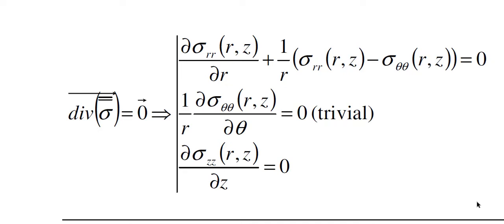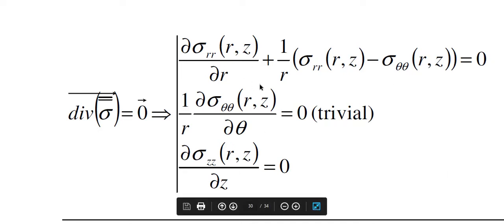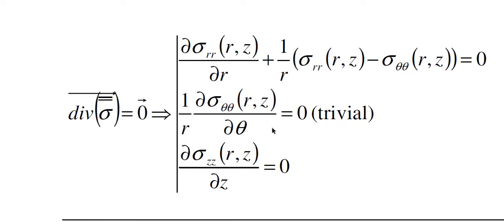So the vector being equal to 0 means that all the components of the vector are equal to 0. And you can notice here that the second component of the vector, which is the component along the direction e_theta, is a trivial equation.